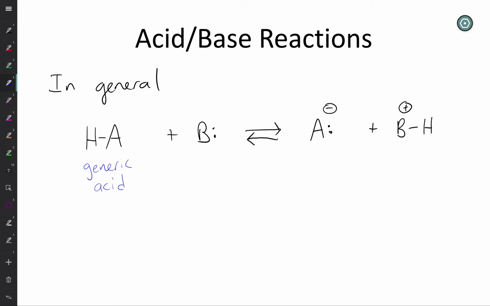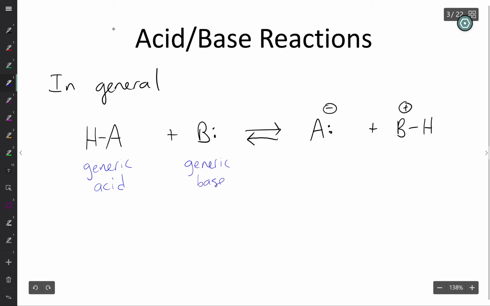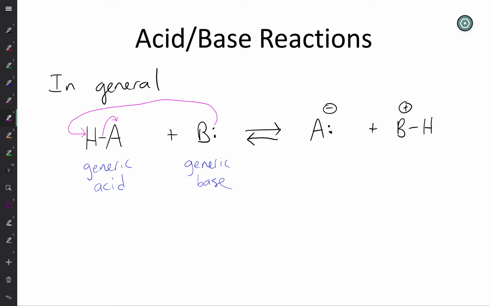And then a lot of times you'll see B acting as a base. That's not representing boron. It's just representing some base that we don't want to specify. So that's our generic base. And the curved arrows always have an arrow from the base to the hydrogen, and then breaking the HA bond to make your conjugate base and conjugate acid.